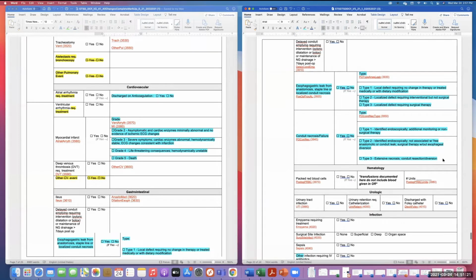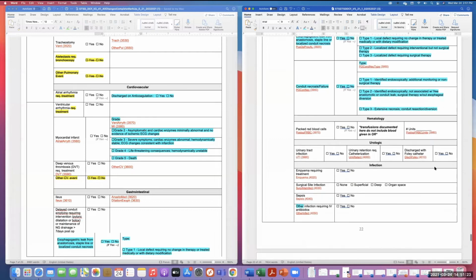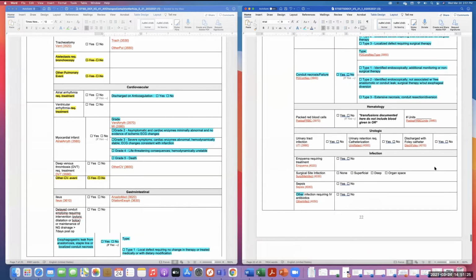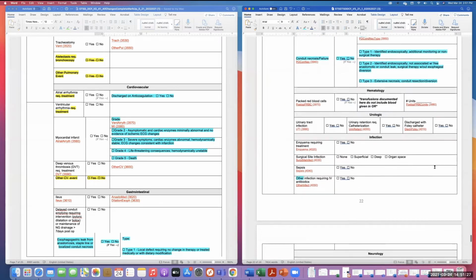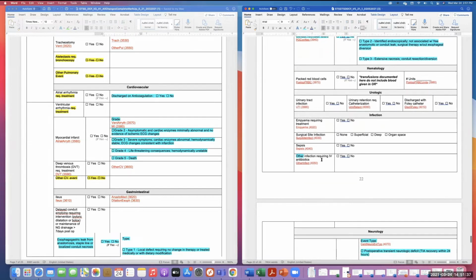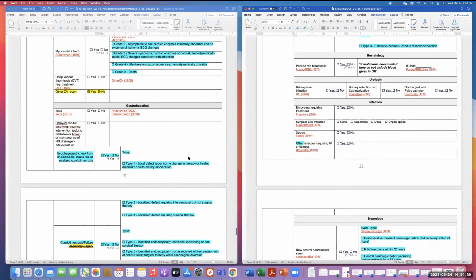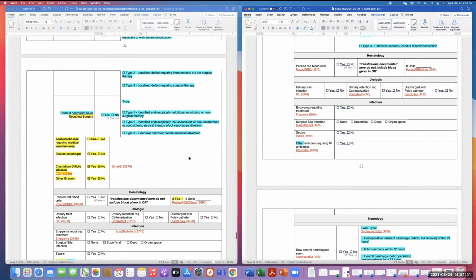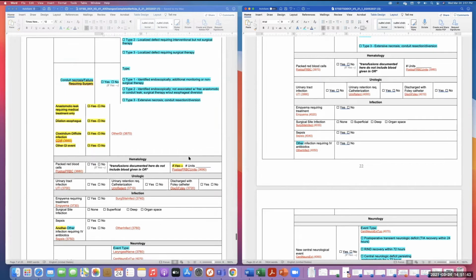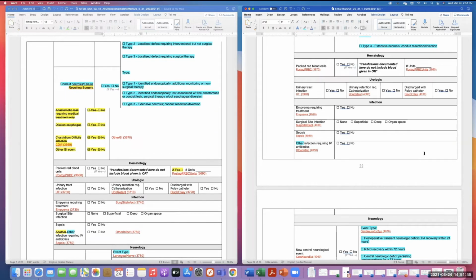And I think the packed red blood cells is pretty much the same. Urology: urinary tract infection, yes or no, and whether or not a catheter had to go in and did they go home with a catheter. And for infection, this one's also different. Empyema requiring treatment, surgical site infection, superficial, deep, or organ space, whether or not sepsis was involved.